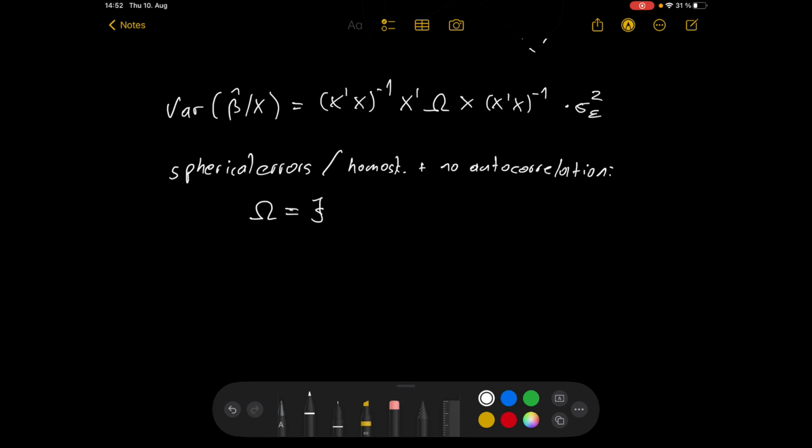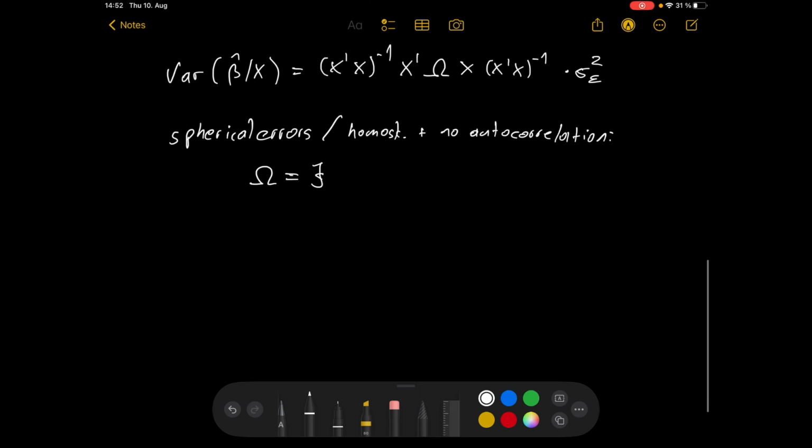That's for homoscedasticity and no autocorrelation. So if that's the case, then we'd have no omega here, then we'd have X prime X inverse, X prime X inverse. One of those would cancel out and multiply with sigma squared epsilon, and that gives the variance of our beta hat in the case of homoscedasticity. But the general form includes this omega term, and that's something we need to estimate.